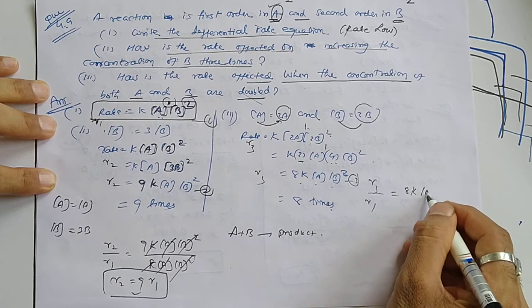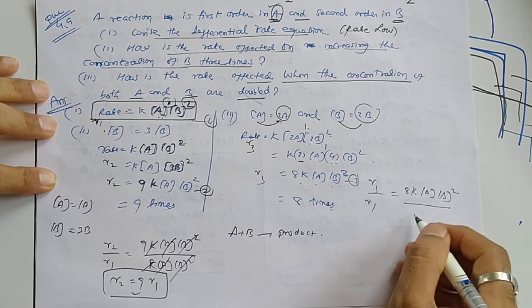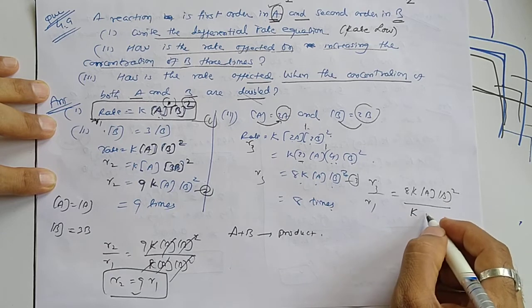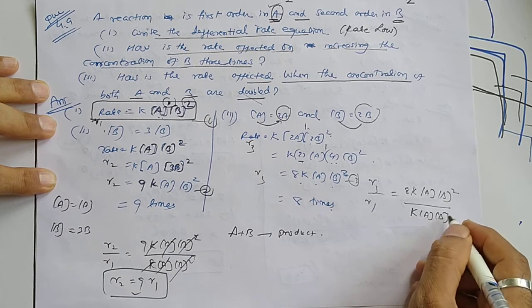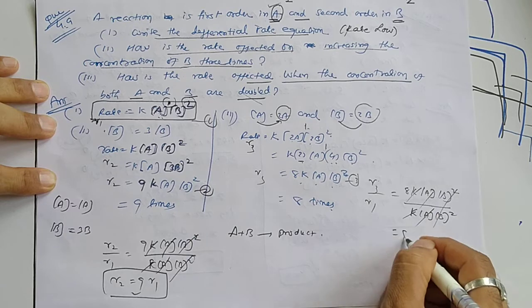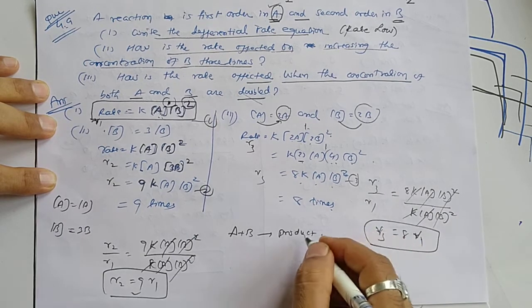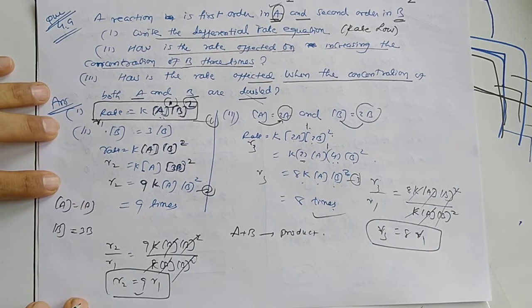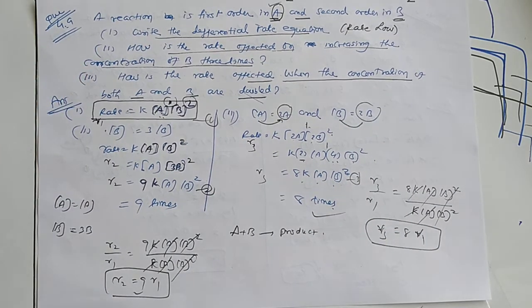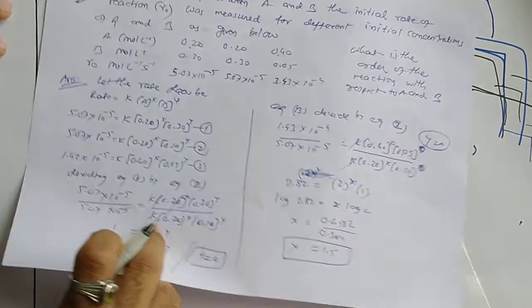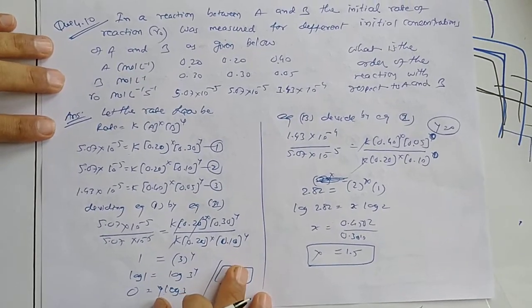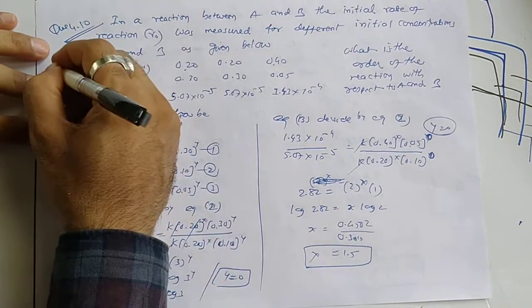So 8K A B square upon K A B square. K cancels, 8. So the final rate is 8 times the initial rate. This is the answer of the third question of 4.9. Now 4.10. A very most-time-picked question.